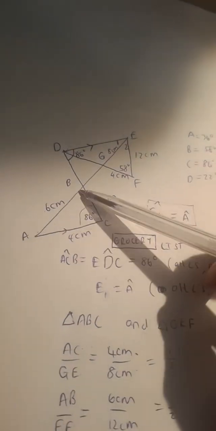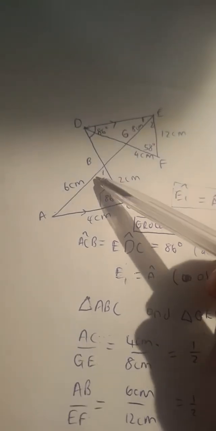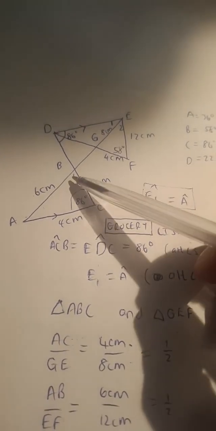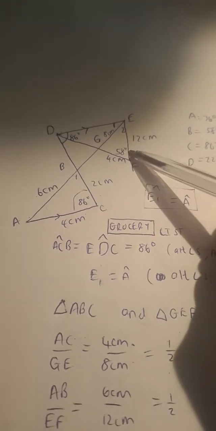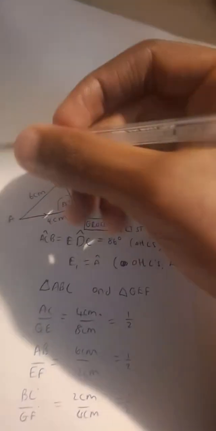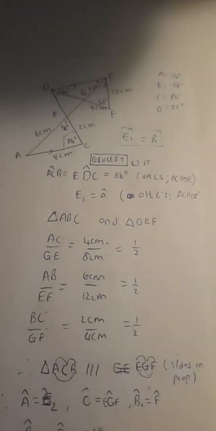Then of course angle B1 is equal to angle F. So if angle B1, based on similarity, is equal to angle F, and we knew that angle F is 58 degrees, that means angle B1 is 58 degrees.